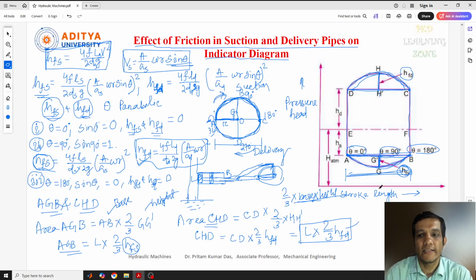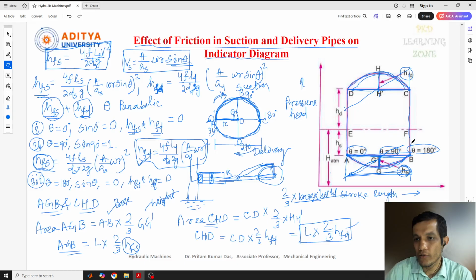I hope you understand the effect of friction in suction and delivery pipes on the indicator diagram. In the previous class we discussed the acceleration part. In the acceleration, if you remember, we got a line like this, and here also we got a line like this.